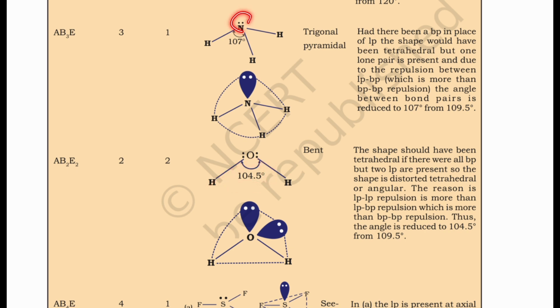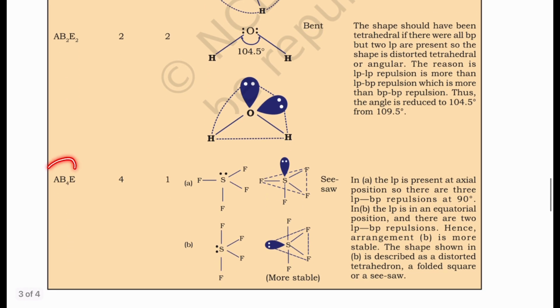If I ask you to compare ammonia and water, why is the water bond angle further less? Because there is one lone pair in ammonia and two lone pairs in water, so there will be more repulsion and it will be compressed. So this is again bent, V shape or angular. This is again important.